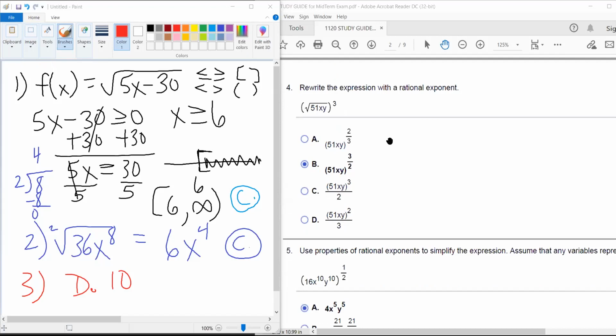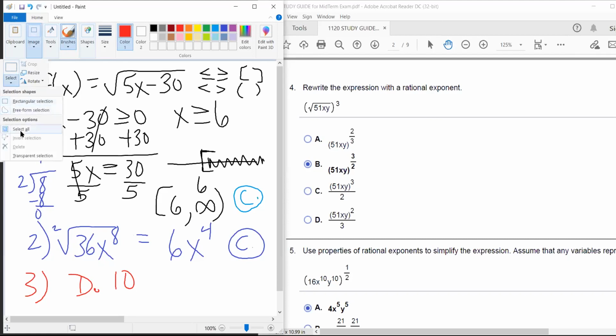And this leads me to a good tip. If you get stuck on a question, skip it, come back to it. Do a question that you know how to do. That way, when you come back to the question that stumped you, you'll have probably already figured it out by then.